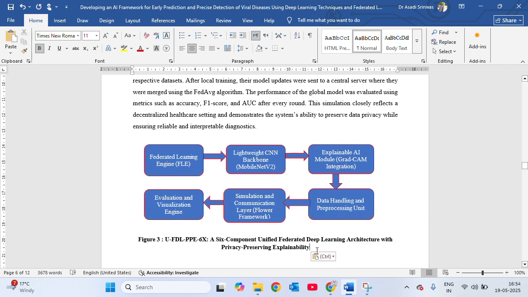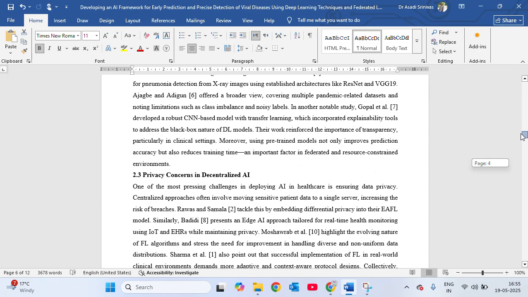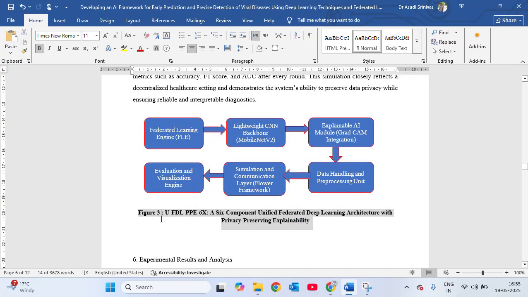Okay, no problem. Now we need to write 2 sentences or otherwise 1 paragraph. This is figure number 1 only, no? Yeah, this is figure number 1. Figure number 1.